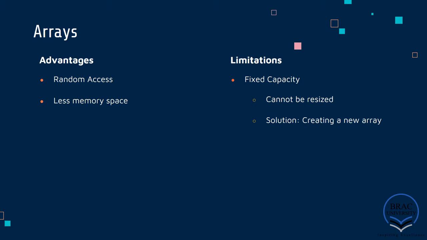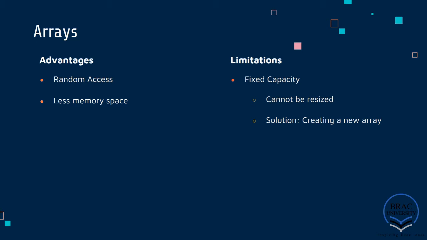For example, we have an application where we have to store data, and we are using an array. Initially we have only 5 data, so we create an array of 5 and we store the data. As the application doesn't require any changes, it's fine.